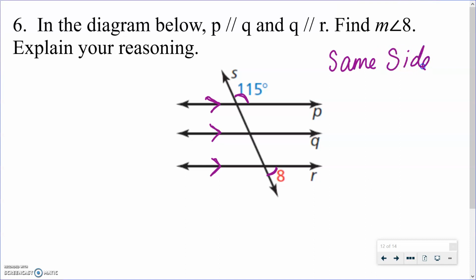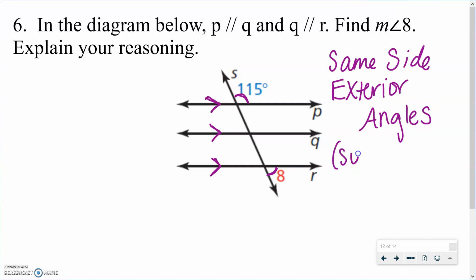same side exterior angles, which have the same relationship as same side interior angles. They are supplementary.